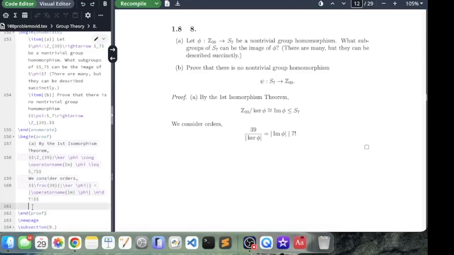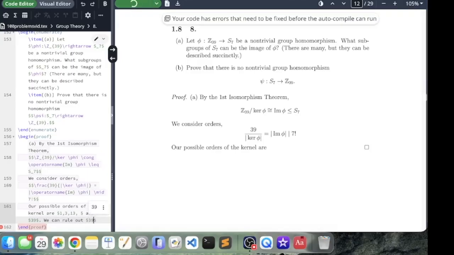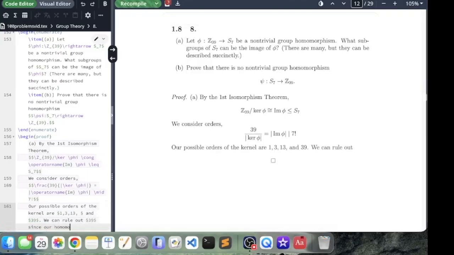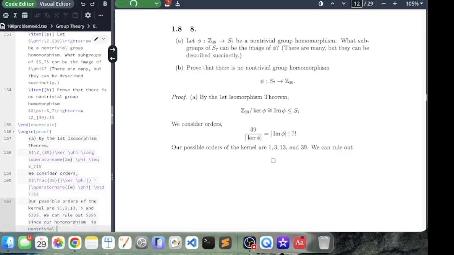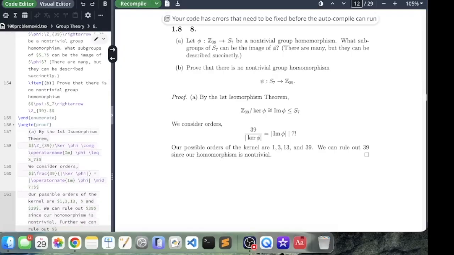So our possible orders of the kernel are 1, 3, 13, and 39. We can rule out 39 since our homomorphism is non-trivial. Further, we can rule out 1 because 39 does not divide 7 factorial.